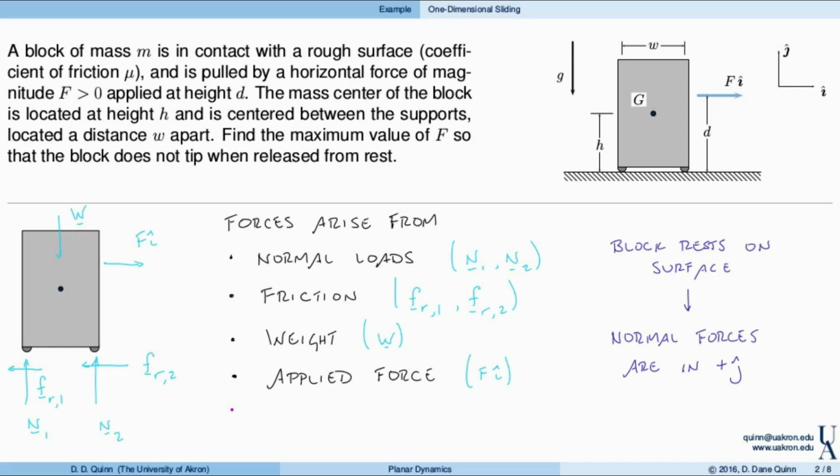So here's what we're going to do. We're going to assume that the block does not rotate.